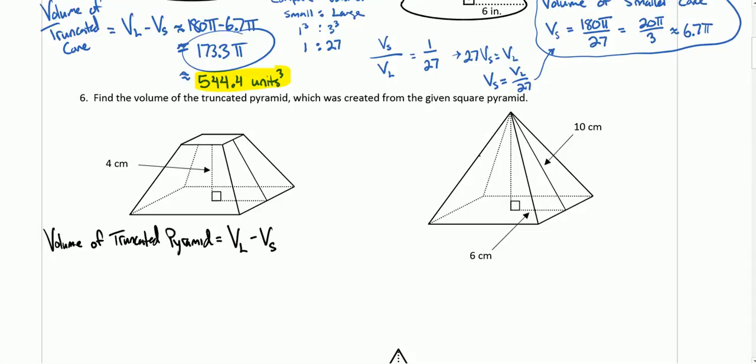Okay, truncated meaning we're going to cut the top of that pyramid here, and we end up with a smaller pyramid. The top part that we cut off is a smaller pyramid. What we do know is the height that's left over is 4, and we don't see the original height of this pyramid.